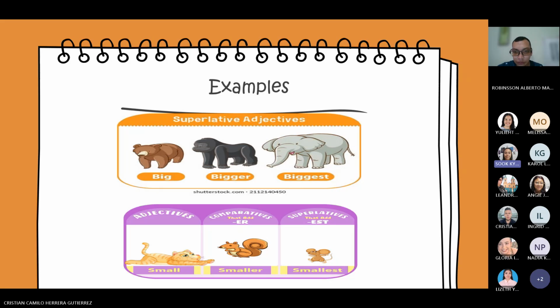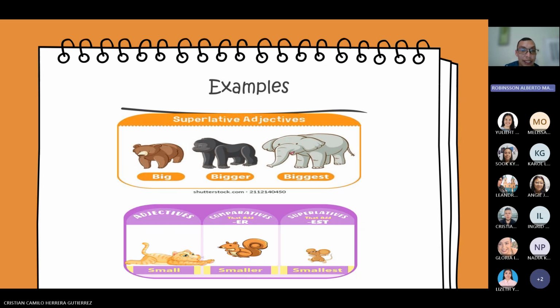Good afternoon, teacher. Okay. So please repeat after me. Big. Big. The comparative is bigger. Bigger. And the superlative is biggest. Biggest.